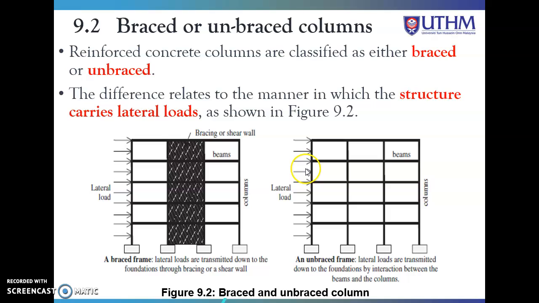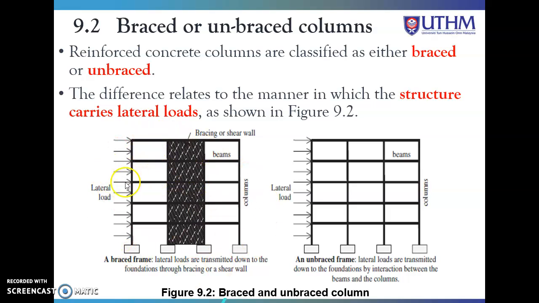Okay. So apa itu braced and unbraced column? Reinforced columns are classified as either braced or unbraced. So the difference is related to the manner in which the structure carries the lateral load. Saya tunjuk satu-satu. This is for the braced column.